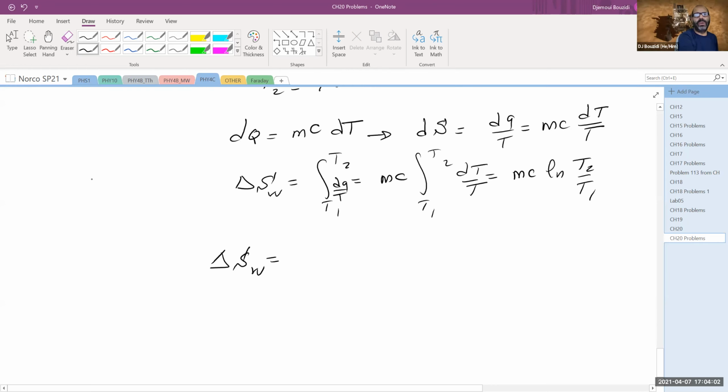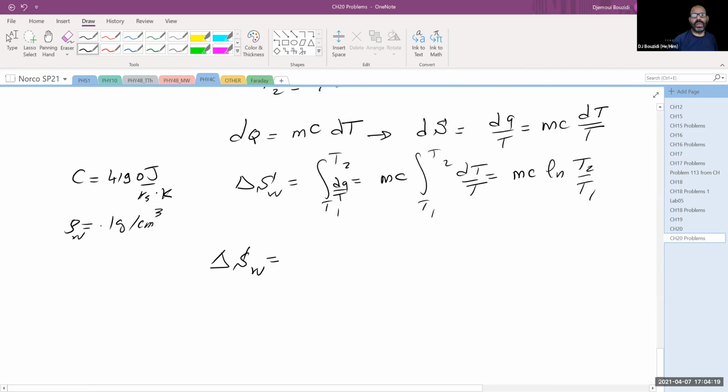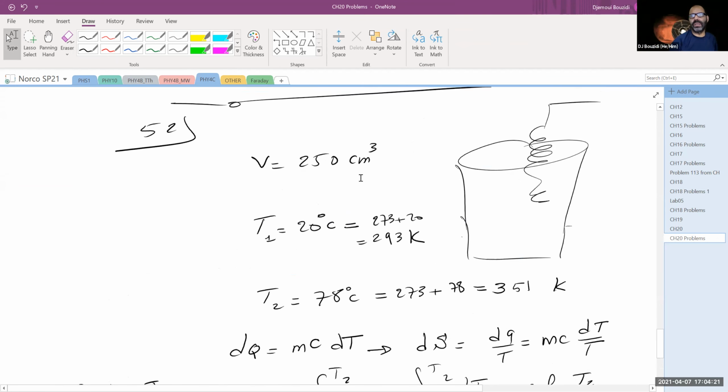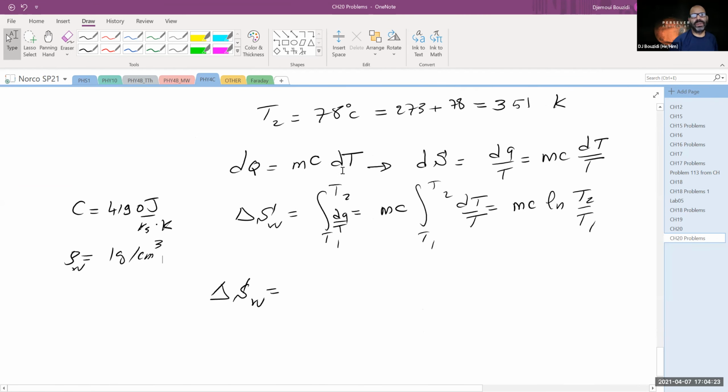for the water, you need to know that the specific heat for water is 4,190 joules per kilogram per Kelvin. So you need the mass of the water. Now the density of the water also is 1 gram per cubic centimeter. And they told us the volume of this water is 250 cubic centimeters.